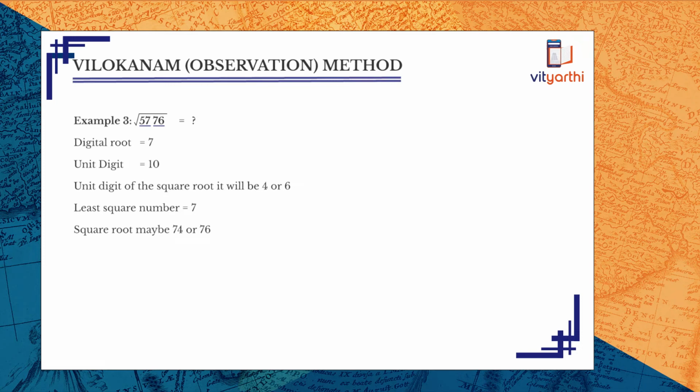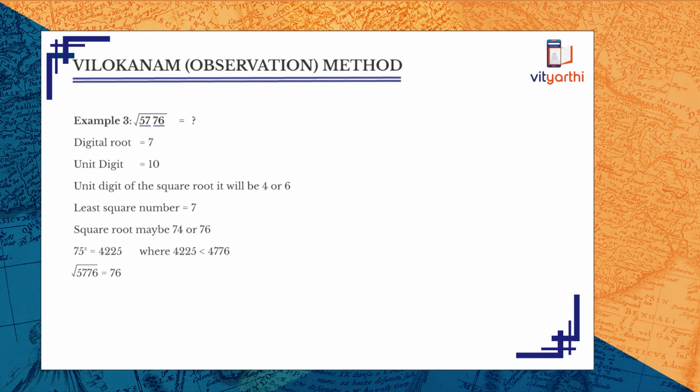Now find the mid of 74 and 76, that is 75. 75 square is 5625, which is less than 5776. So we can say that the square root of 5776 cannot be 74. Therefore, the root of 5776 is 76.